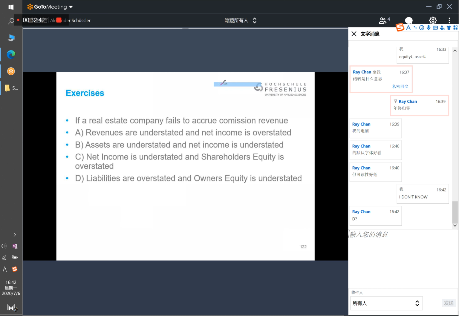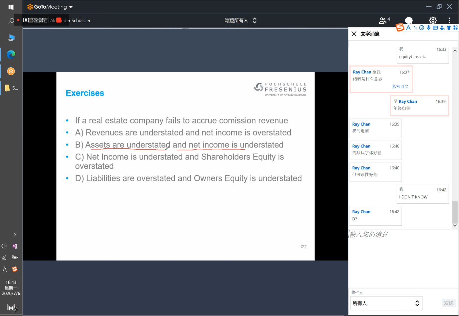So revenue increases net income. So net income is understated, because revenue is not booked. Net income is understated, and assets are also understated because accounts receivable are also too low, or cash, whatever.